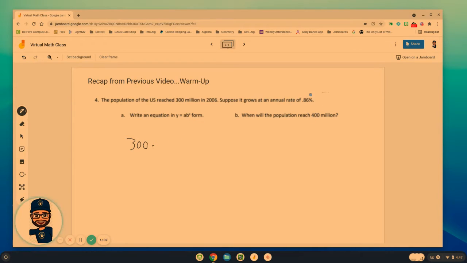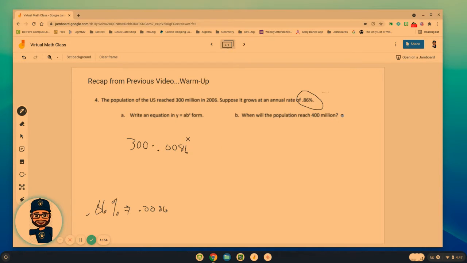B is this rate. Now be careful. 0.86% really is the decimal 0.0086. And that's what we're going to put in right here, 0.0086 to the power of x. So be careful with that percentage.